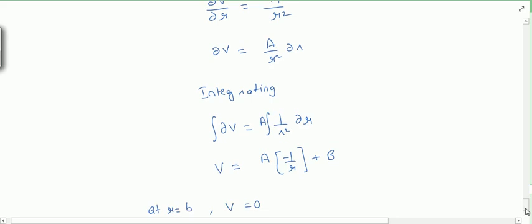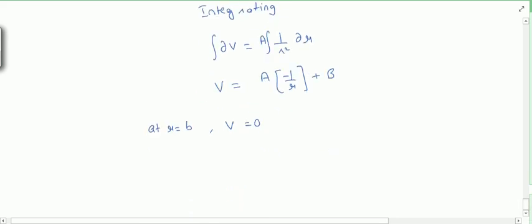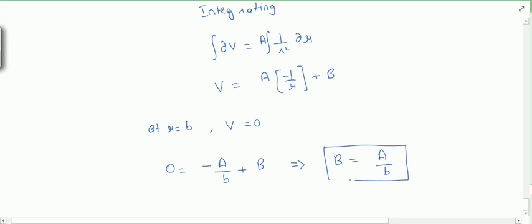So we put r equals b, and it becomes 0 equals minus A by b plus B, where B is the capital B. So this value of capital B will be A by small b. Okay, we will use this value.